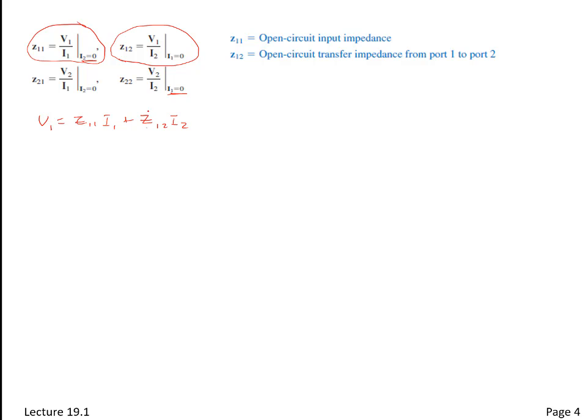So Z12 is referred to as the open circuit transfer impedance. So the key words here are transfer and input. 1,2 means there somehow is relating the output and the input. 1,1 is simply relating the input voltage to the input current.